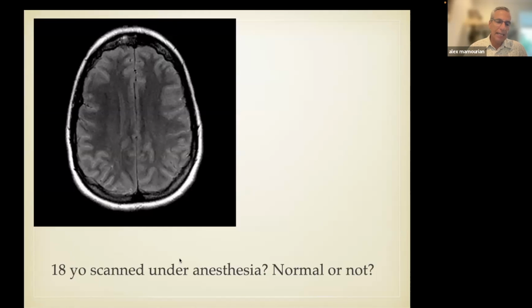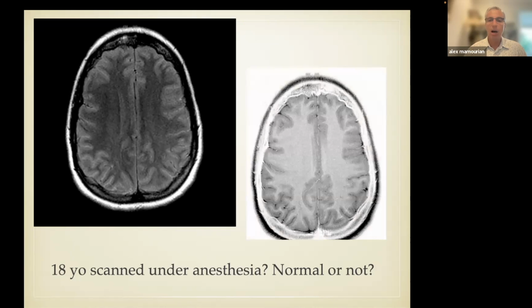This is an 18-year-old patient, scanned under anesthesia. If we look at the FLAIR scan, again, it looks like a diffuse abnormality of the subarachnoid space. While one would say, okay, this is an abnormal FLAIR scan, the next question is, is it pathologic? In a case like this, it is not pathologic.